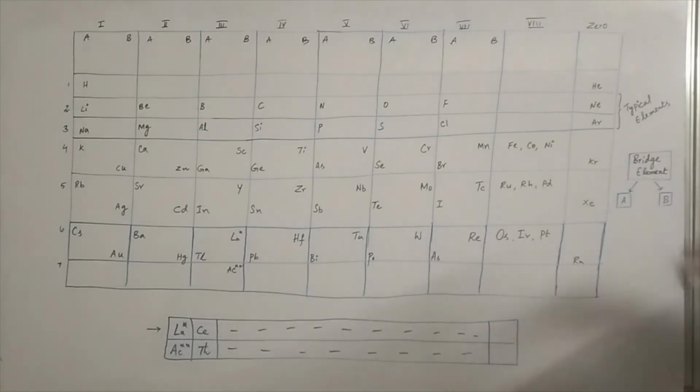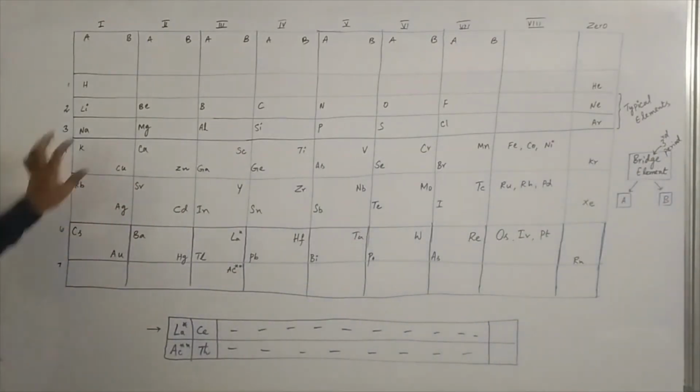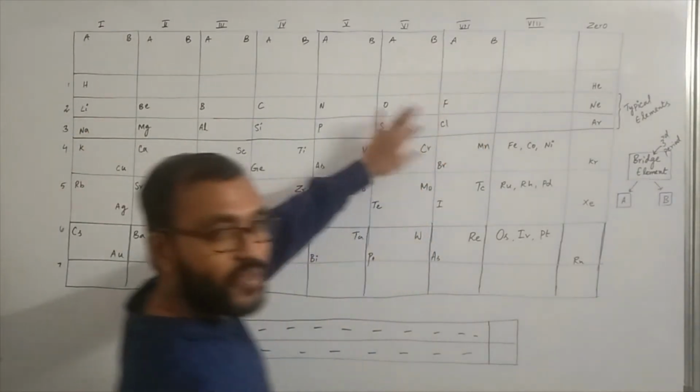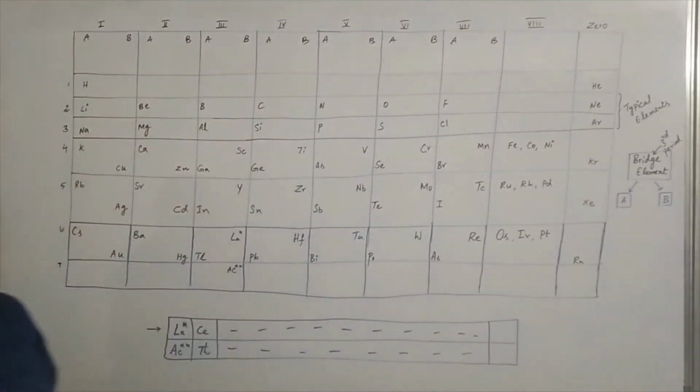Generally, these bridge elements are nothing but third period elements. So bridge elements belong to the third period. So don't include argon. What are bridge elements? Sodium, magnesium, aluminum, silicon, phosphorus, sulfur, chlorine. Only these are bridge elements. Clear?